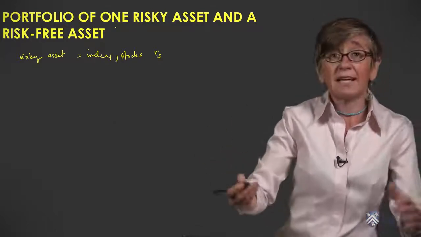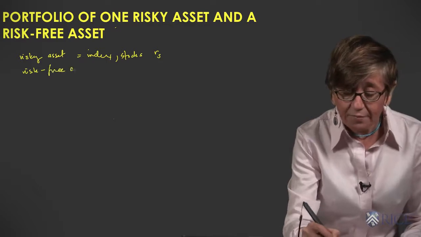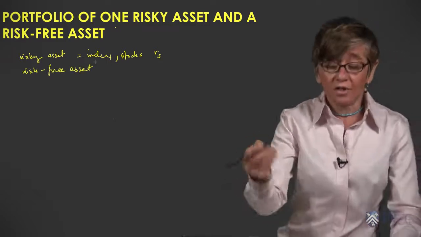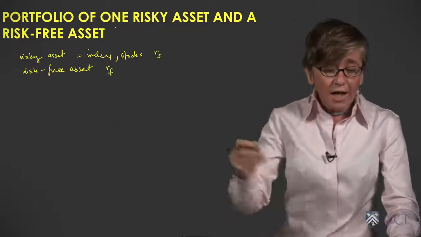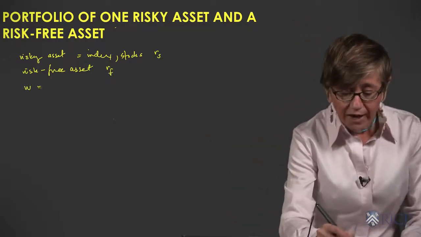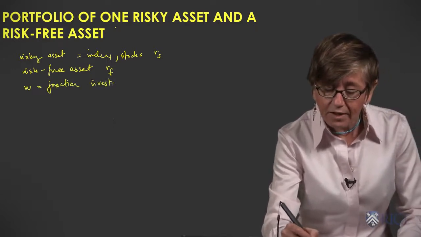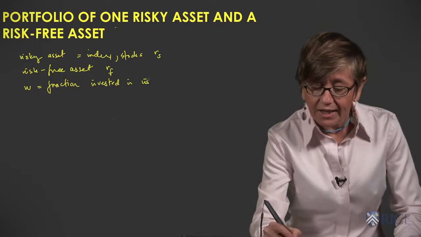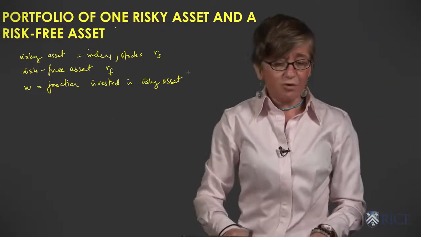Maybe it could be represented by treasury bills. Right? And let me denote the return on that as RF, for free. And let's call W the fraction invested in the risky asset, whatever that risky portfolio is.